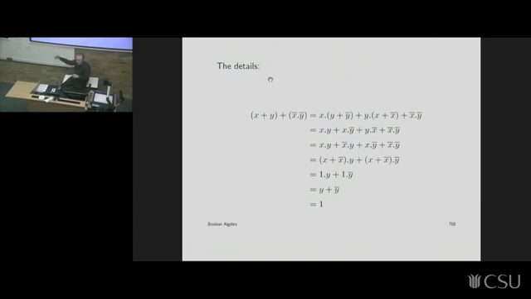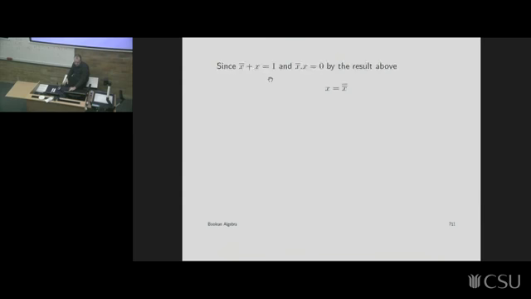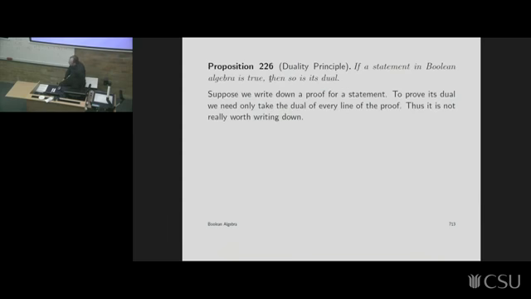So for all these examples, I've only proved one of the cases, not both of them. And the reason for that is because they're dual results. So the key thing here is the duality principle. If you've got a statement which is true in a Boolean algebra, then its dual is automatically true. And so you don't really need to prove the other one at all.